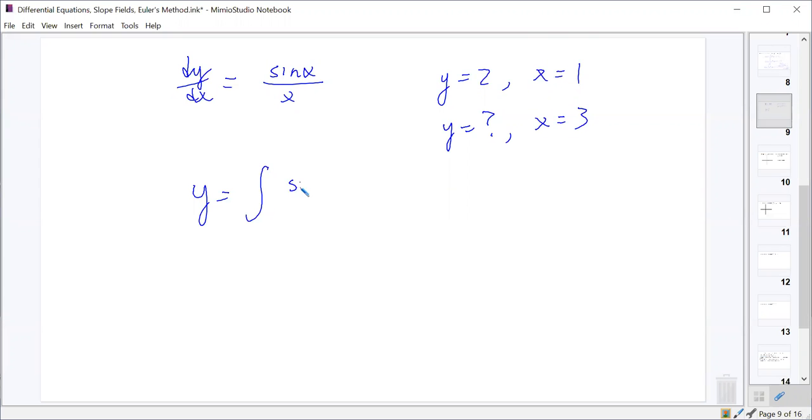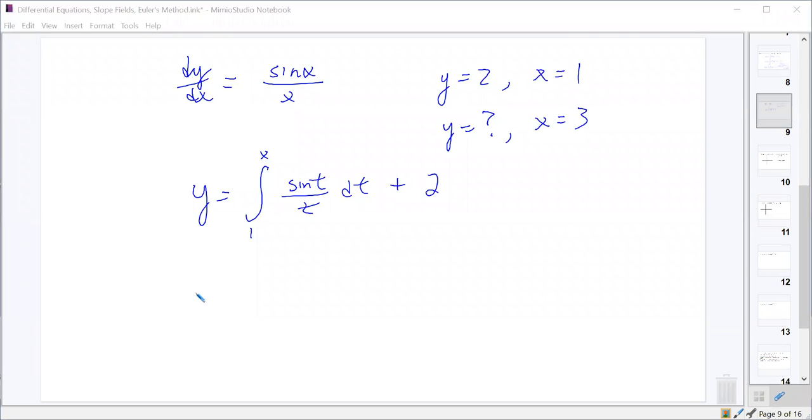The integral of sine t over t dt. And that integral should have been from what value to x? It should have been from 1 to x, and we should have needed to add what to it? Our y value, right? It should have been plus 2.